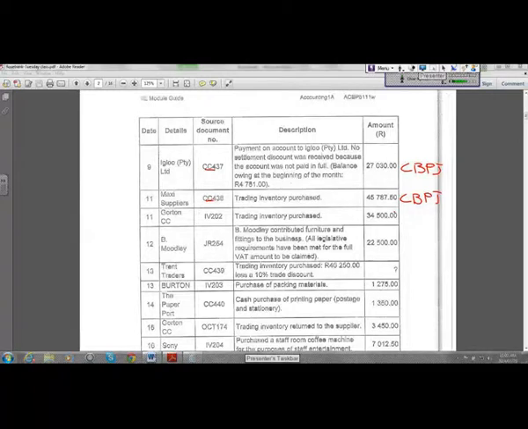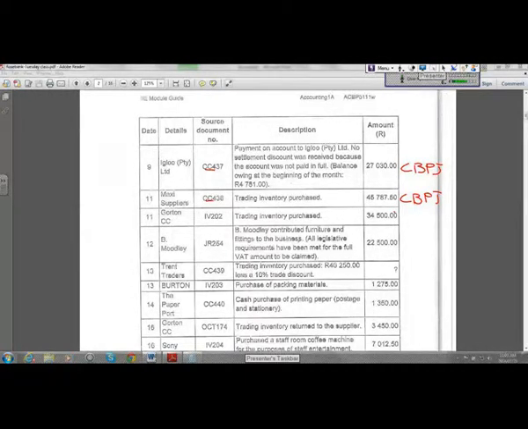So these source documents also communicate a message to you. If you know the source documents, even before you read the transaction, you can form a prediction as to where that transaction is going to go. Here we are purchasing inventory. They're similar, but what's the difference? The source documents.